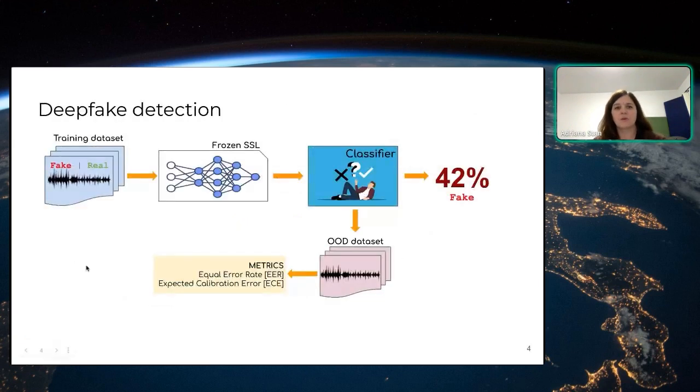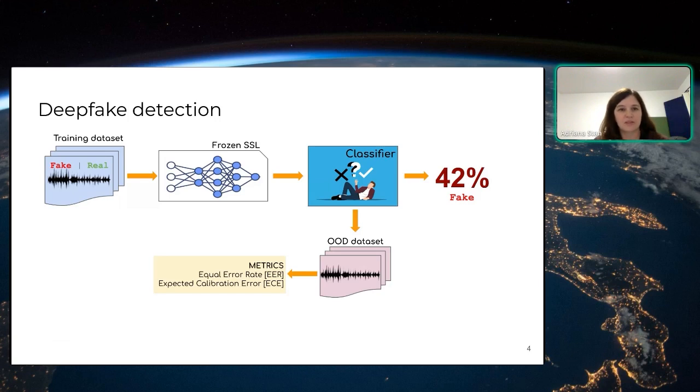So what we're going to talk about is how to build a so-called deepfake detector. We will have a training set, which consists of audio coming from real recordings, so somebody actually recording that speech, or fake speech coming from these TTS or voice cloning systems.